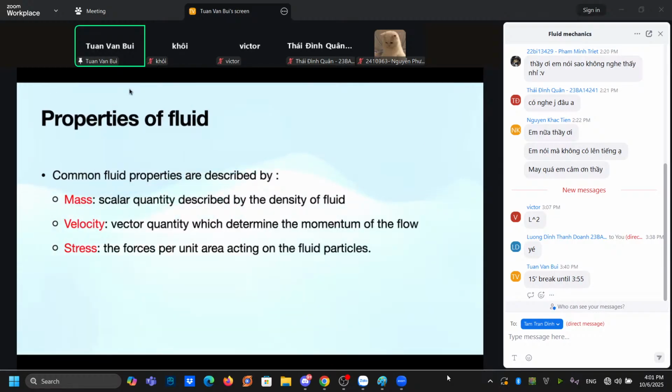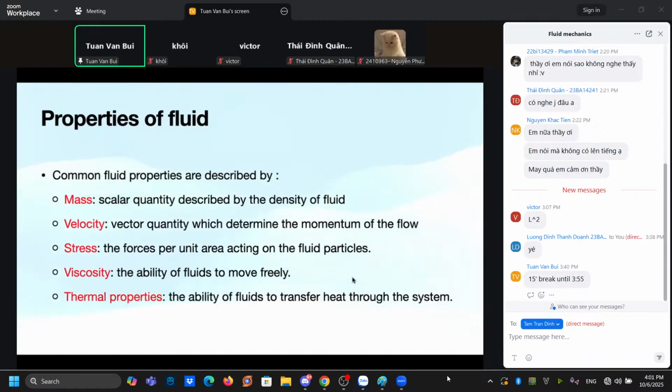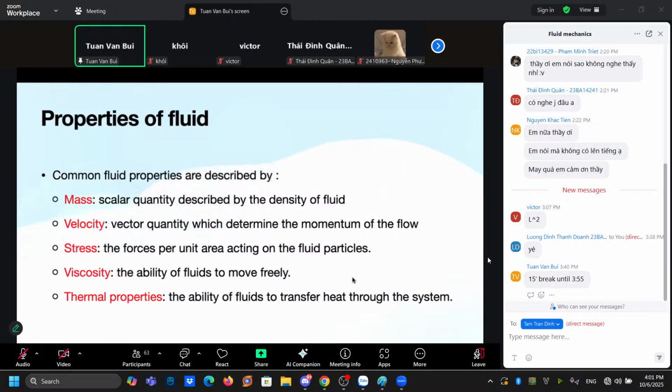Velocity, that is a vector quantity, so it will have both magnitude and direction. And then you have stress, that is a force per unit area acting on the fluid particles. Then you have viscosity, that defines the ability of the fluid to move freely. You can go into details later. Okay. Then you have thermal fluidity, that is the ability of fluid to transfer heat through the system. Okay.